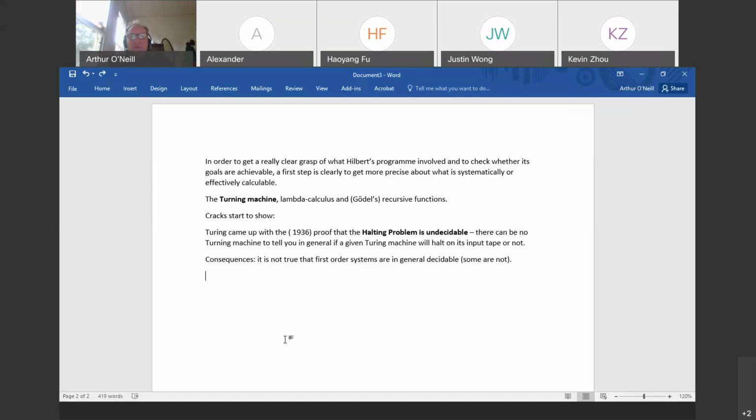Anyway, the halting problem amounts to showing that not all first order logical systems are decidable. So just because you've got logic and you've got a set of axioms doesn't mean you've got a decidable system, basically because you can put Turing machines into a first order logical system, and the halting problem shows that there's an undecidable question you can pose in that system, namely whether or not Turing machine X will halt.